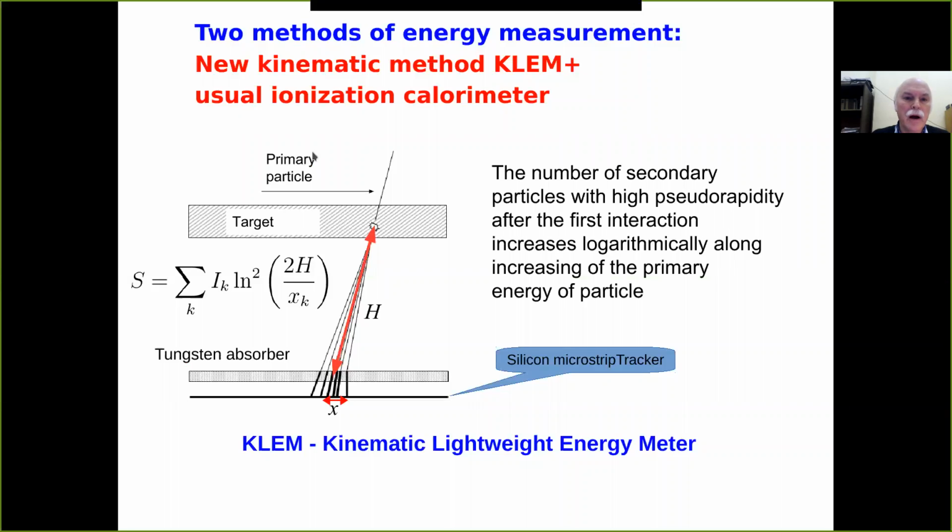The first is the usual ionization calorimeter, and the second is a new kinematic method, KLEM. The KLEM method is based on the fact that the number of secondary particles with high pseudorapidity after the first interaction in the target increases logarithmically with the increasing primary energy of the particle. A special parameter S was developed to measure the energy of the primary particles, which is related to the number of these secondary particles.